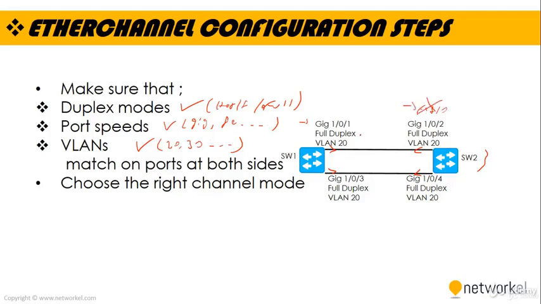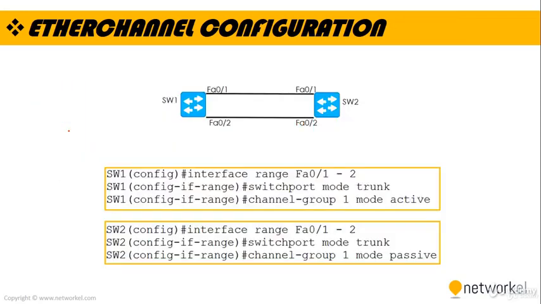If I'm using full duplex on this side, I cannot use half duplex on this side, for example. If this port is attached to VLAN 20, this port should not be attached to VLAN 30, for example. To create an EtherChannel, duplex modes, port speeds, and VLAN numbers should match. And also we need to choose the right channel mode, as you know.